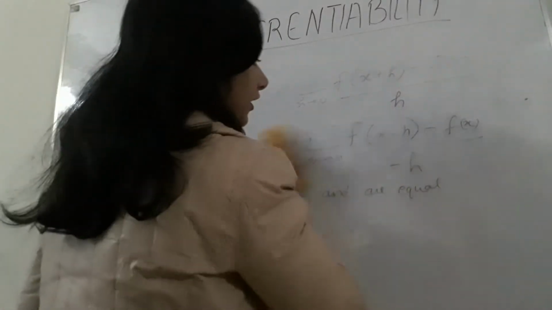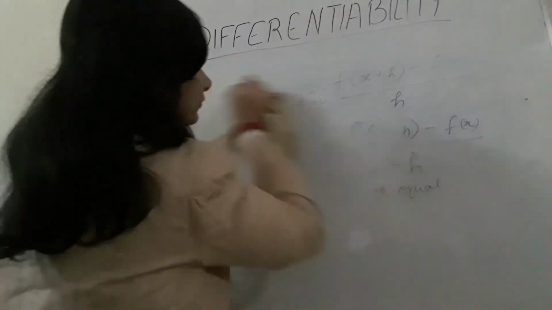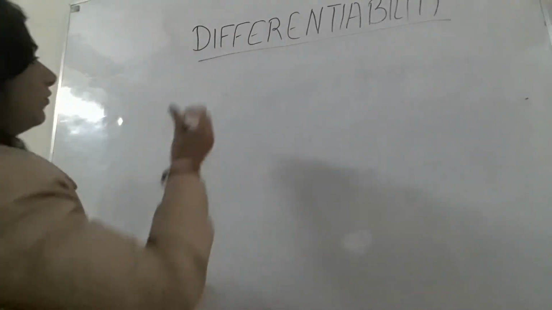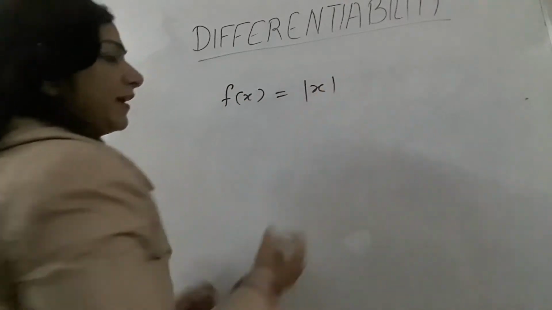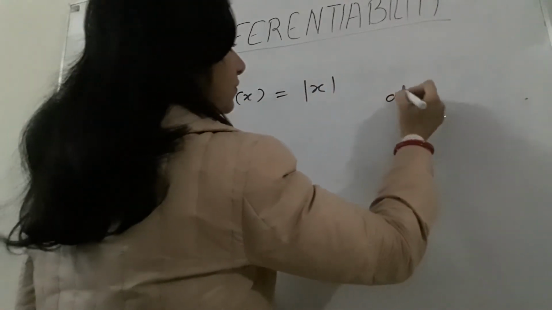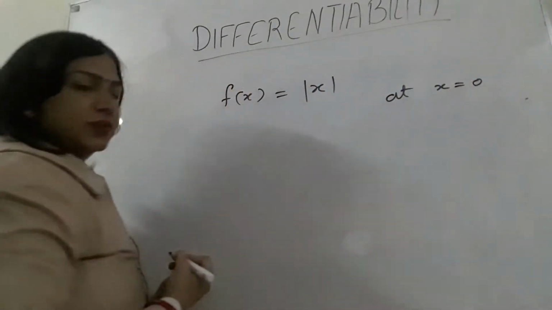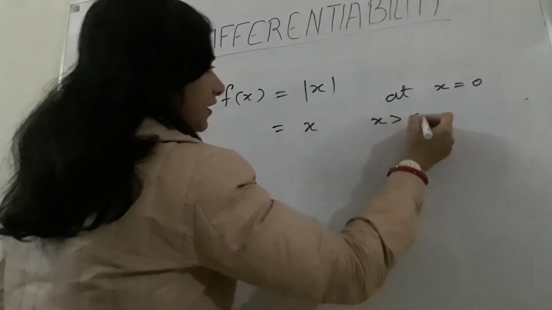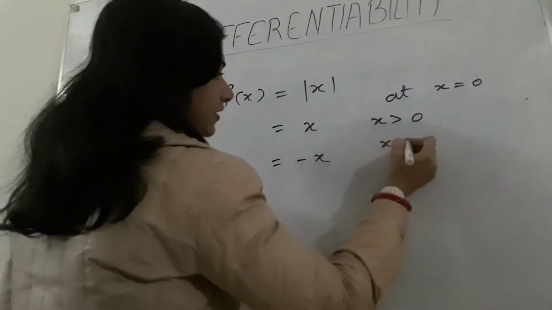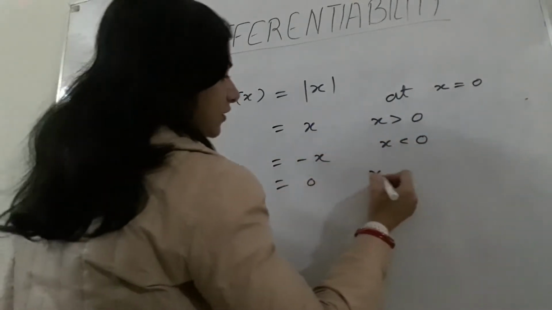Let's take one example. We have to check the differentiability of f(x) equals mod x at x equals 0. First of all, we will take its value as x when x is greater than 0, minus x when x is less than 0, and 0 when x is equal to 0.